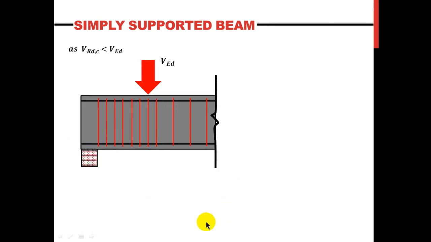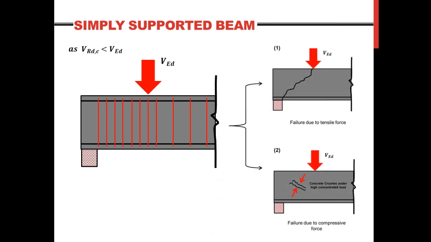Alright, let me summarize all of this. Shear links must be provided in order to control two possible types of failure when the shear capacity of my beam is less than the applied shear force, the VEd. Depending on the VEd, I might use fewer or more shear links. In the case where the VRd,max is larger than the VEd, this would result in some saving of stirrups, because the second type of failure is confirmed to be controlled by the concrete struts.